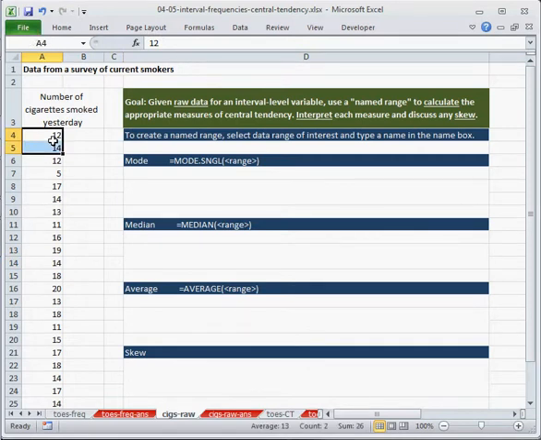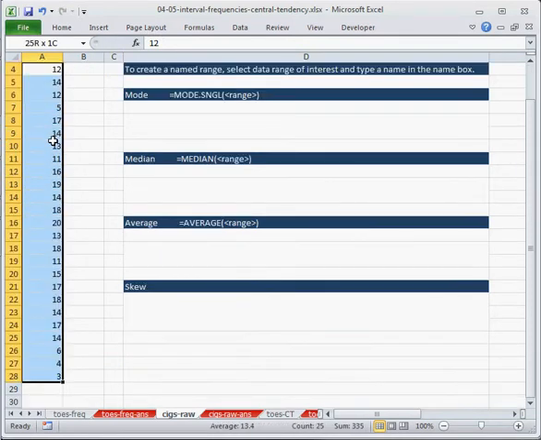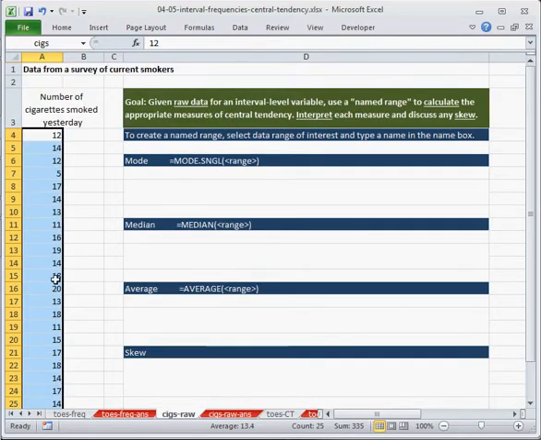Shift down, it's not cigs. Shift all the way down. Let go of the shift button. Cigs. Okay, so this data set right here, this range of data, I can use this name from now on, cigs, because I've specified it in the name box. So this is what's called a named range. Okay, a named range.